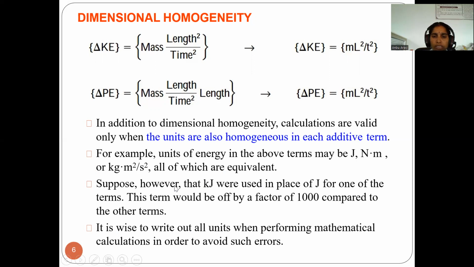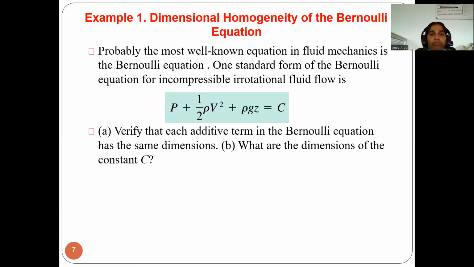Suppose, however, that kJ were used in place of J for one of the terms. This term would be off by a factor of 1000 compared to the other terms. It is wise to write out all units when performing mathematical calculations in order to avoid such errors.